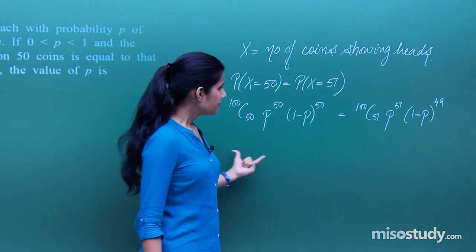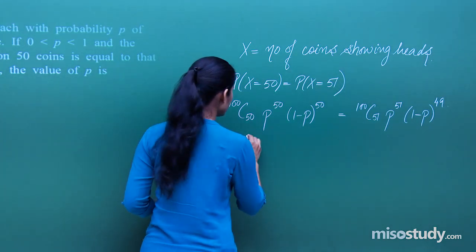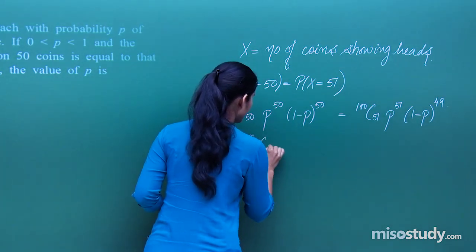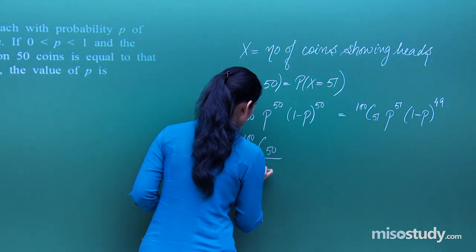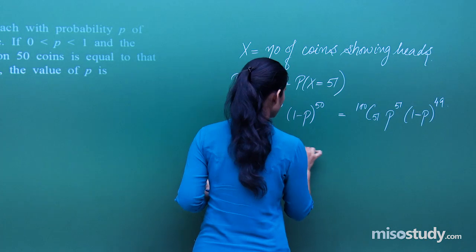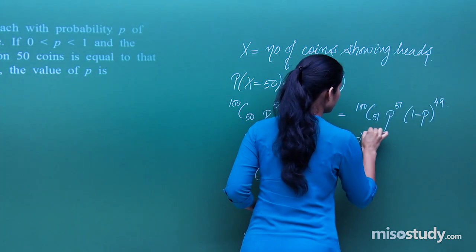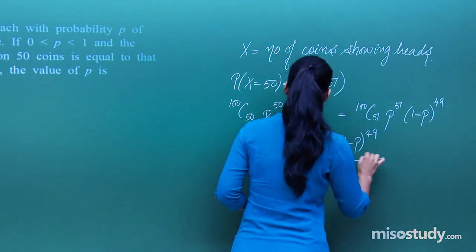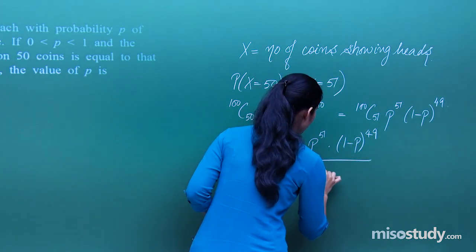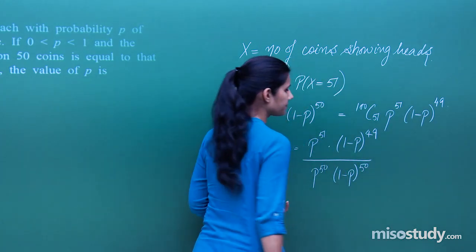Now, if these two are equal, what is the value of p is what the question is asking. So, I am going to say 100C50 upon 100C51 is equal to p to the power 51, (1 minus p) to the power 49, whole upon p to the power 50, (1 minus p) to the power 50.